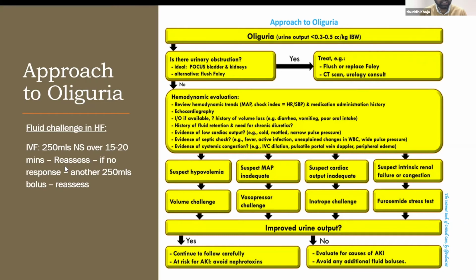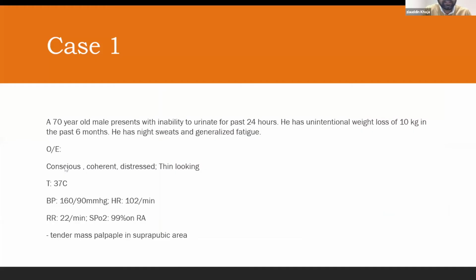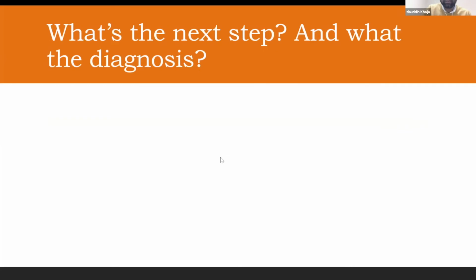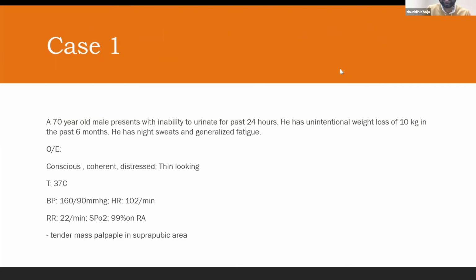And then if there is no increase in blood pressure or mean arterial pressure, then you're thinking about any vasopressors or inotropes. If it's heart failure, you're thinking about inotropes first. Right. So let's discuss a few cases and then see how we go about it.